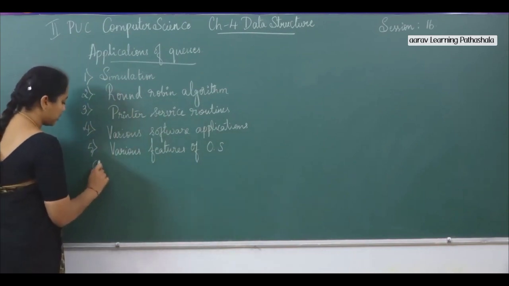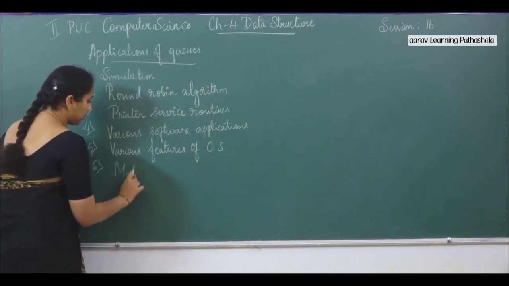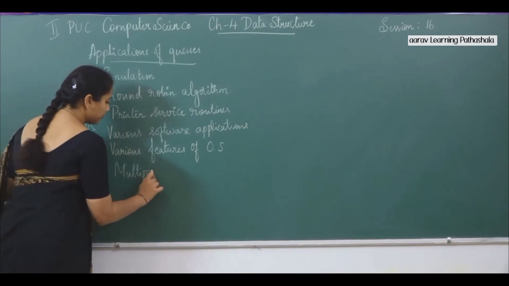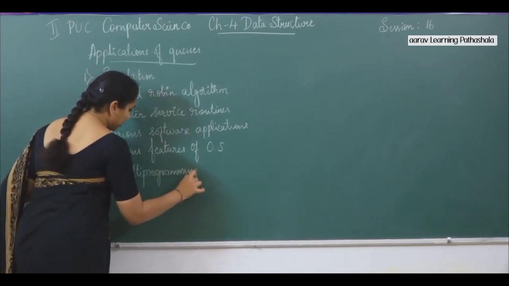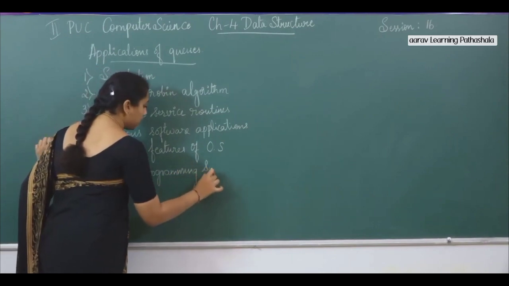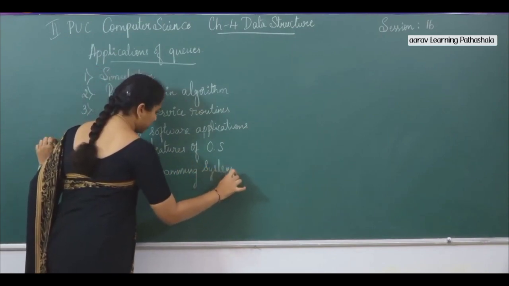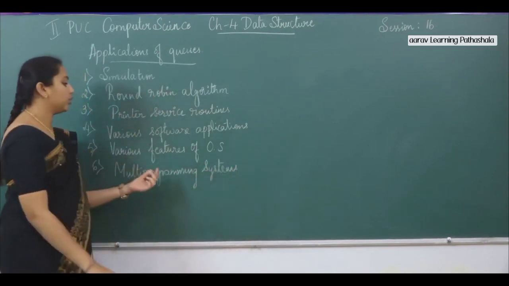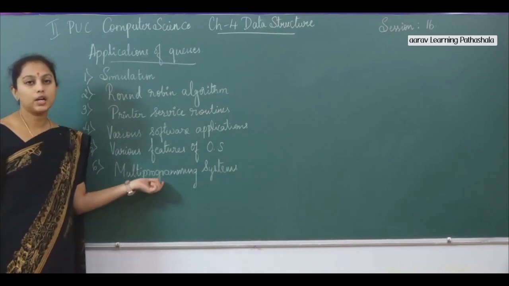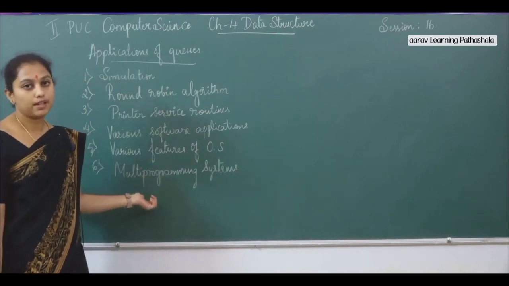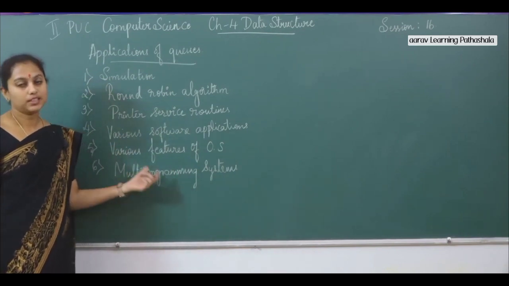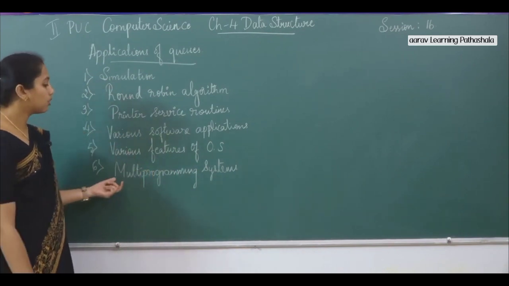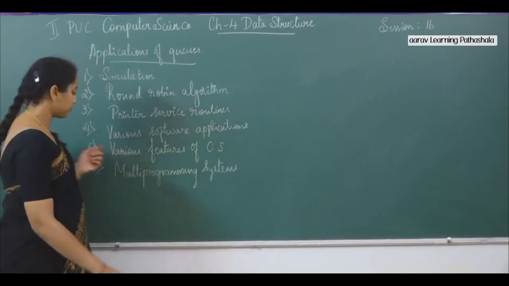And the next application is multi-programming systems. In multi-programming systems, we are going to perform more than one program. So based on the priority, it is going to execute the programs. At a time, we are going to execute more than one program.